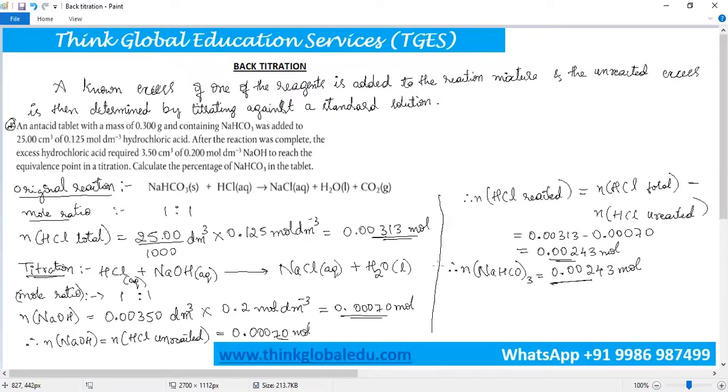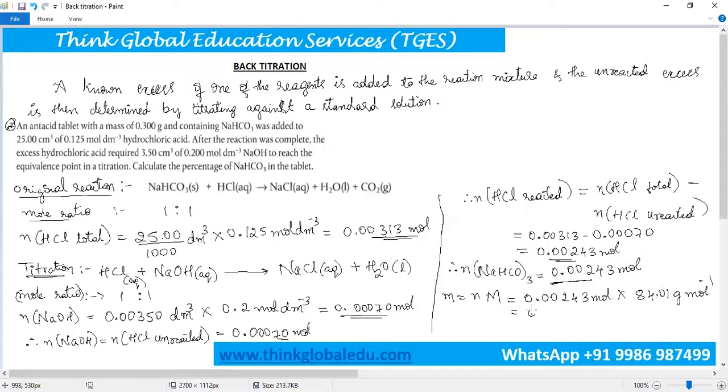So now we can determine the mass of the sodium bicarbonate in order to calculate its mass percentage. We know that mass is equal to number of moles times molecular mass. So the number of moles is 0.00243 moles, and the molecular mass of sodium bicarbonate is 84.01 grams per mole.